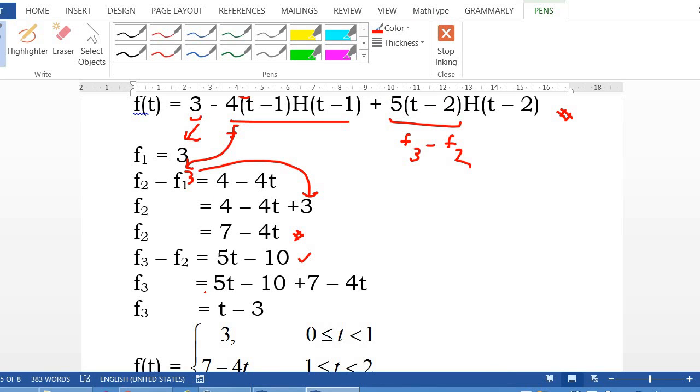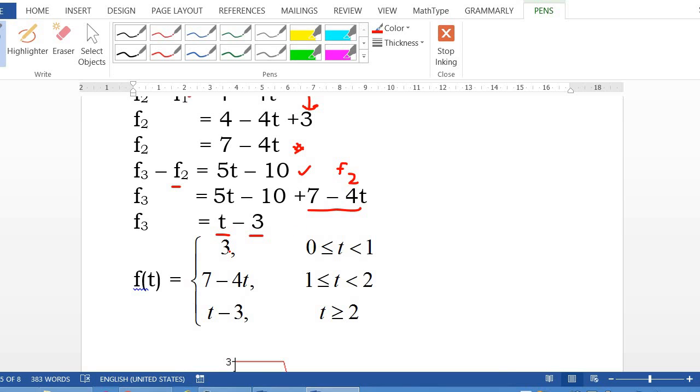Plugging in, bring f2 to the other side, plus f2, which is 7 minus 4t. So 5t minus 4t, you have t, and minus 10 plus 7, you have minus 3. So this is f3. So put back f1, f2, f3.